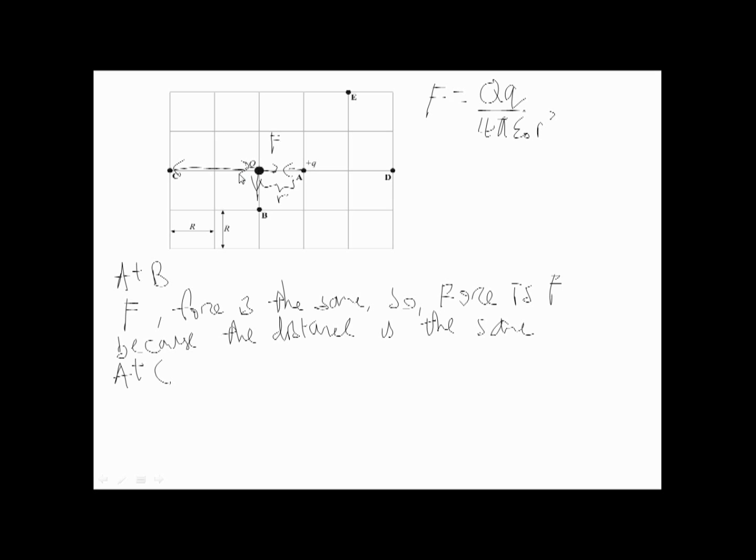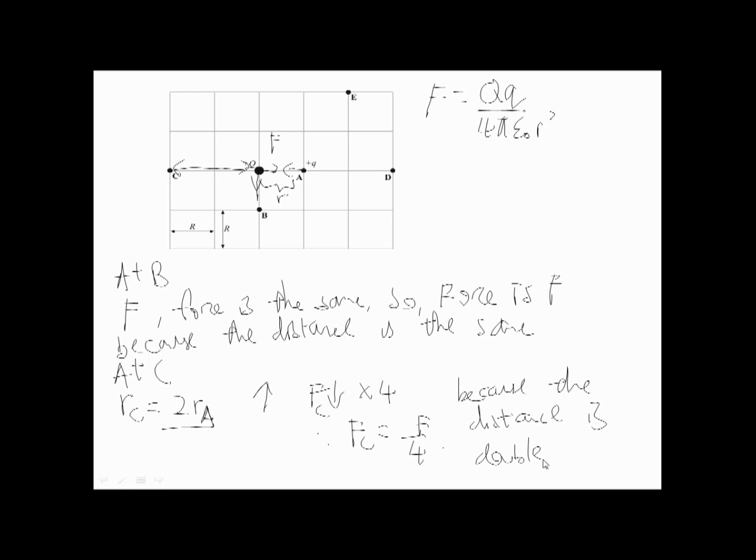You can see the distance between Q and C has increased to 2 times, so my distance at C will be 2 times the distance at A. If I increase the distance 2 times, I decrease the force by 4 times, so my force at C will be equal to F over 4, because the distance is double.